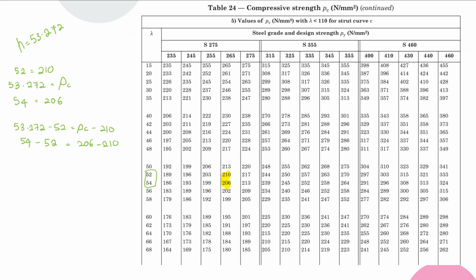Alright, and we can simplify this. 1.272 equal to PC minus 210. Simple as that. You tak payah kira susah-susah sebab this is simple je.